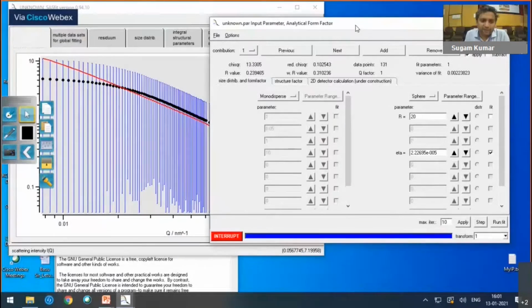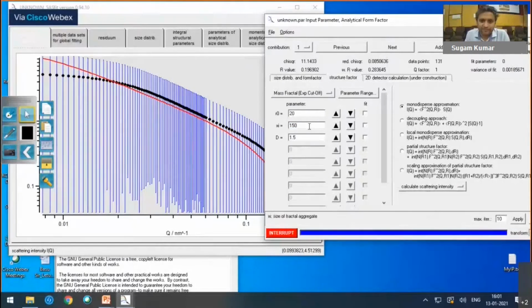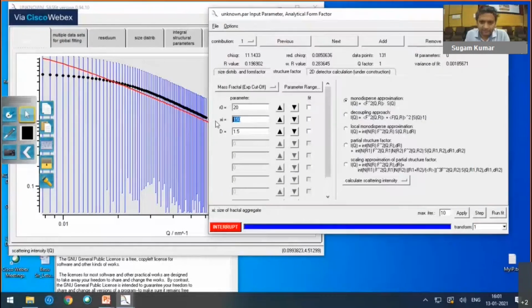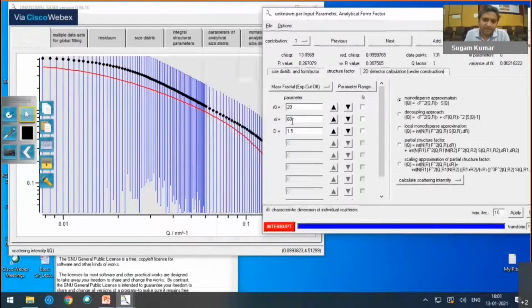Now your experimental data is down, that means some of the dimensions are larger. So you see, this is the overall fractal dimension. When I reduce it, then it's almost coming.